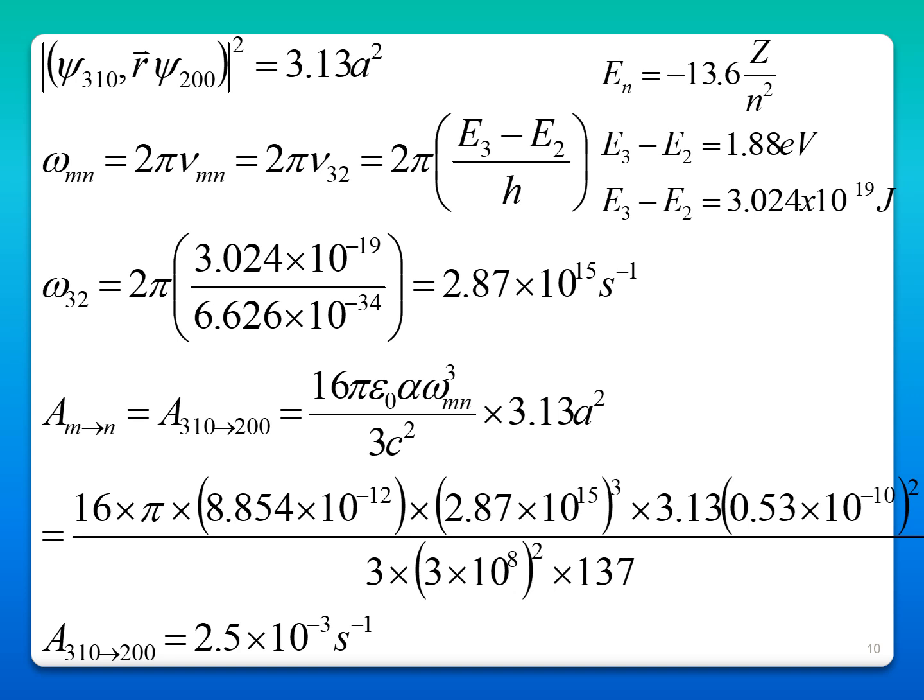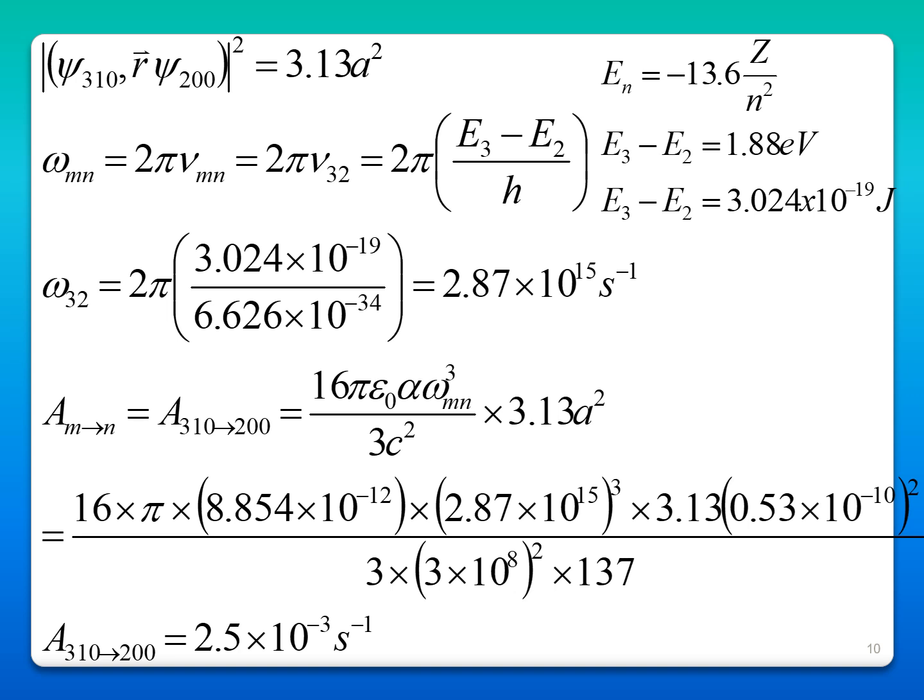The value of En is minus 13.6 Z by n squared, with Z equal to 1. Substituting n equal to 3 and n equal to 2 and taking the difference, E3 minus E2 is 3.024 into 10 power minus 19 joules. Substituting all these values, omega 32 is 2.87 into 10 power 15 per second.